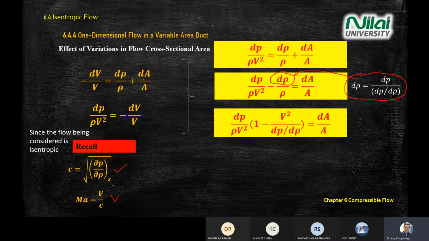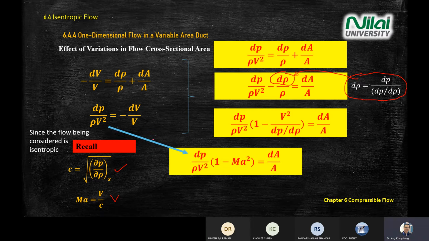Okay, these are two you need to recall. So you substitute into the equation, and this equation earlier we can write as dp over rho v square, 1 minus Mach number square, equal to dA over A.